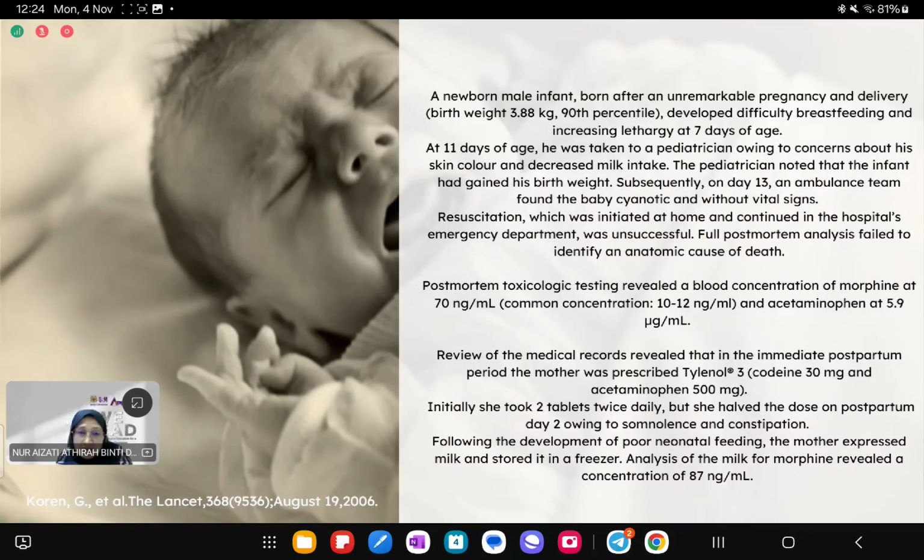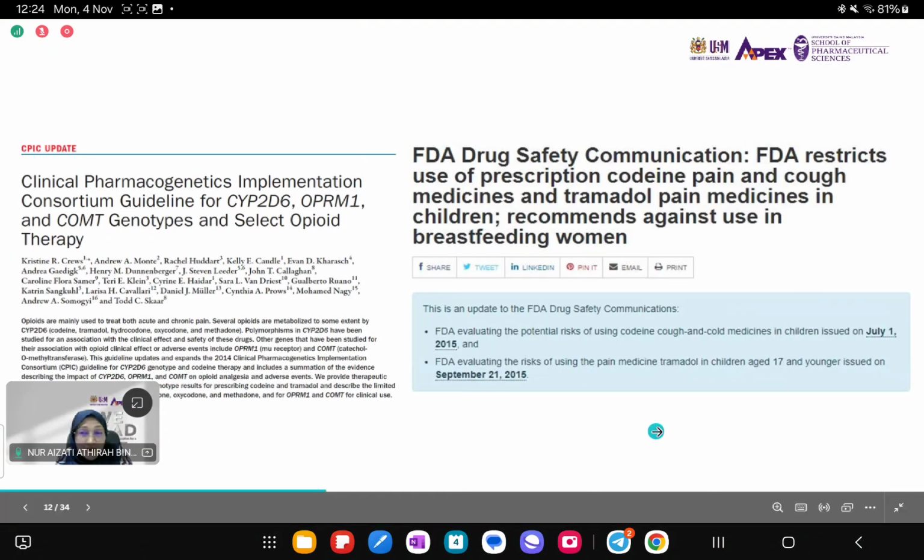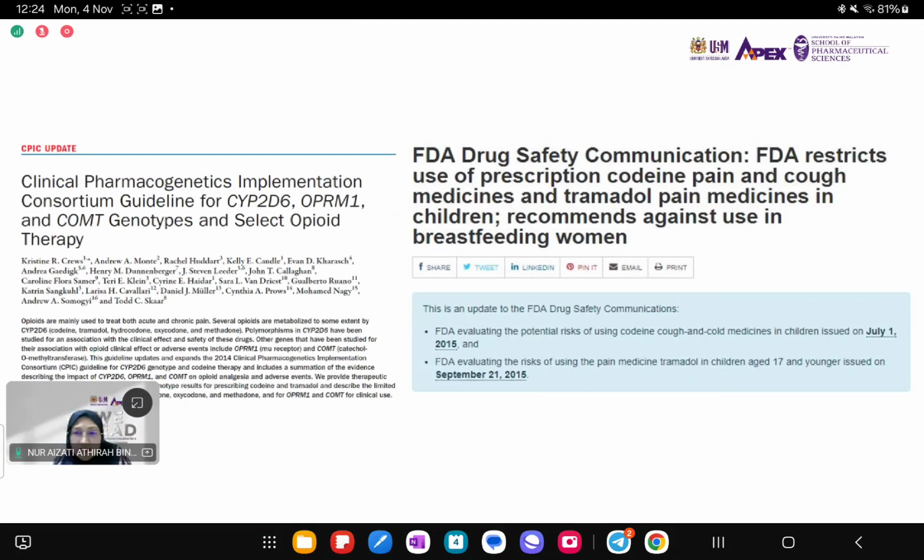Eventually the baby died of respiratory depression from morphine toxicity, because the mother is an ultra-rapid metabolizer for CYP2D6, which leads to faster conversion of the prodrug codeine to morphine.